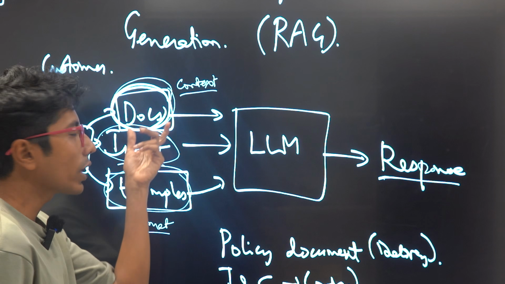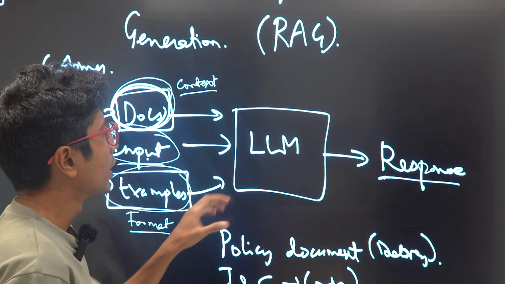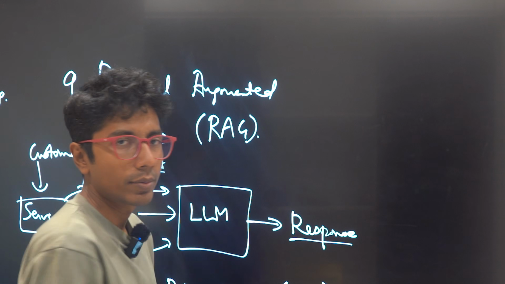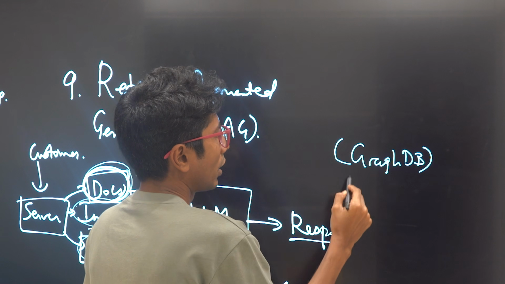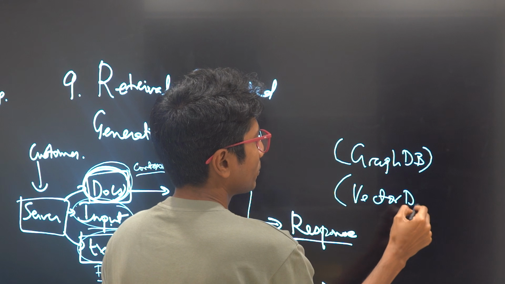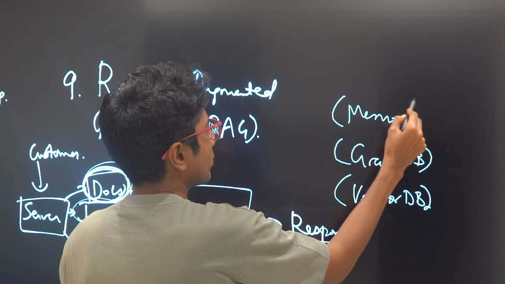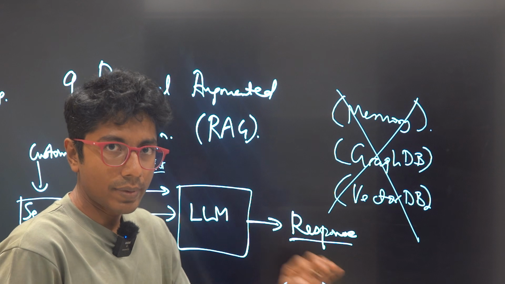Now the question is, where are you getting these documents from? How does the server know which documents are related to which query? There are many ways to do this. If you talk to Neo4j, which is a graph database company, they'll tell you to store things in a graph DB. If you talk to Neon, then they'll tell you that you should store things in a vector DB. And some people will say just keep everything in memory, in cache. This doesn't matter. How you fetch the documents doesn't matter so much.